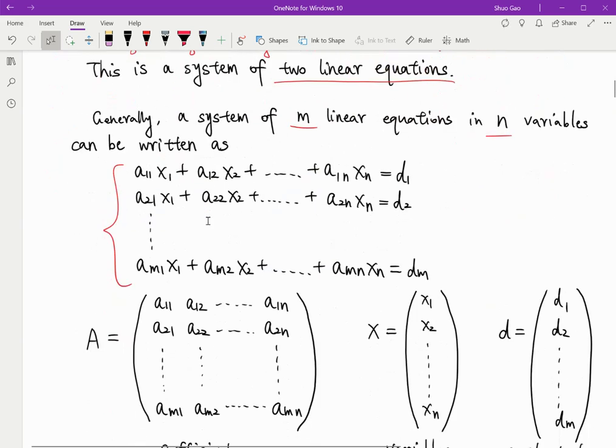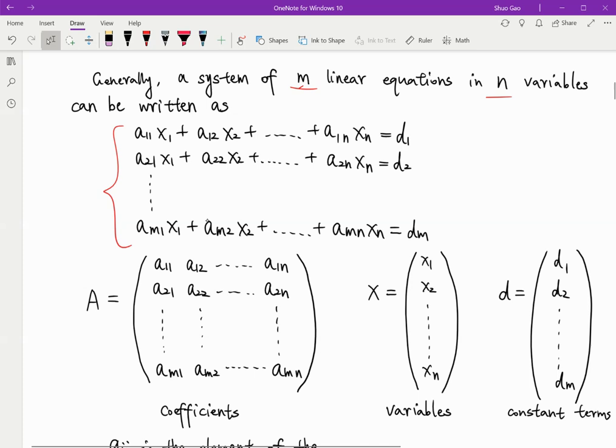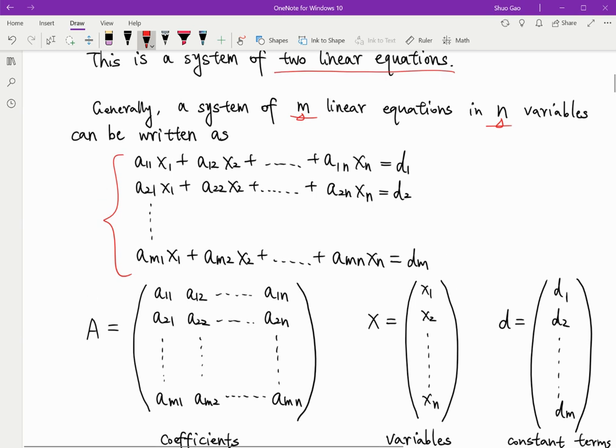But generally, what if we have m linear equations and n variables here? So we can write the whole system as this. So here, all the a's, a11, a1n, and all the a parameters are constants. So it's some number we already know, right? Just a constant.